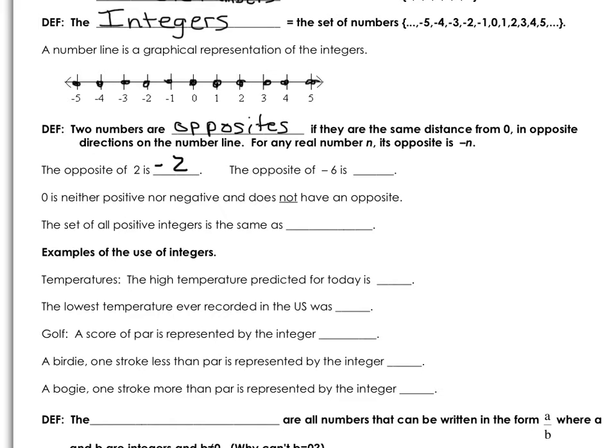The opposite of -6 is 6. 0 is neither positive nor negative and does not have an opposite. The set of all positive integers is the same as the set of natural or counting numbers.